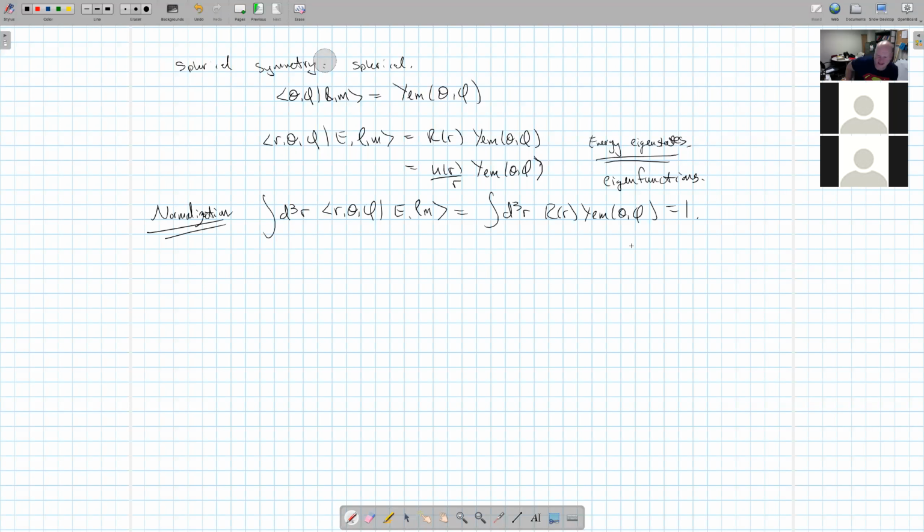Now, the nice thing about this is since the radial piece only depends on the radial, and the angular piece only depends on the angular, these two things are actually going to be normalized separately. So we can write d3r as r squared dr times sine theta d phi, but sine theta d phi is also what's known as d omega, the solid angle.